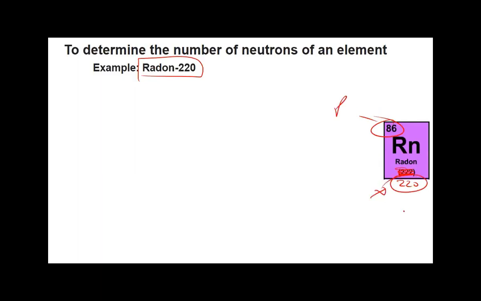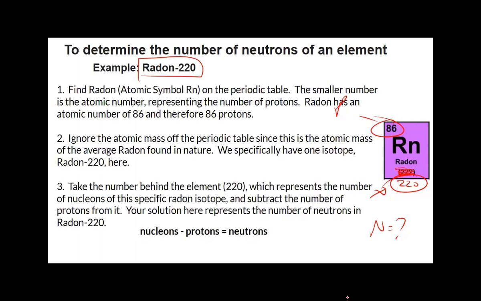What am I going to have to do to that 220 to figure out how many neutrons I have? If it's 220 nucleons, I have to do what? It's going to be plus or minus. What am I going to do with the 86? I'm going to have to subtract it, take it away. So I take the overall nucleons, which would be 220 for radon-220 specifically. If I asked you for the average radon, you would have used this number.